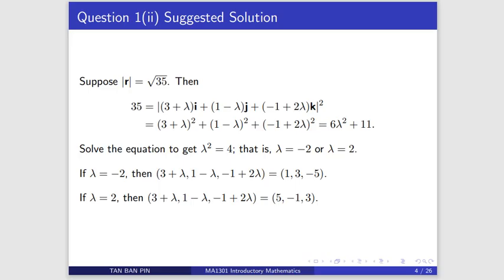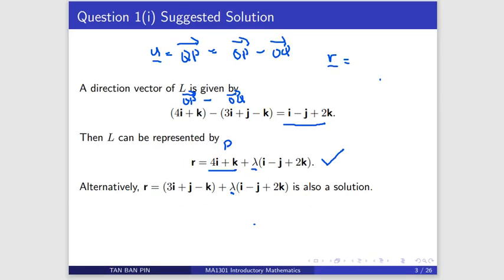In part 2, you are supposed to find points which are square root 35 from the origin. So we say the magnitude of r is square root 35. Because the point is on the line, it must be of the form, let's use this one, 3i plus lambda i.